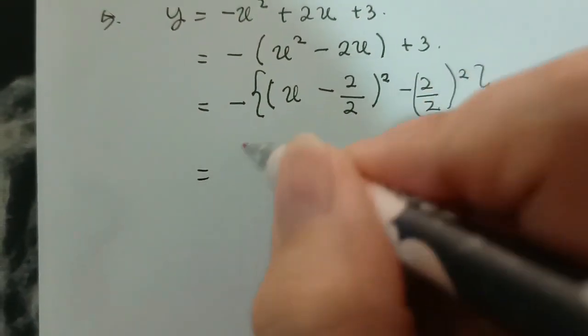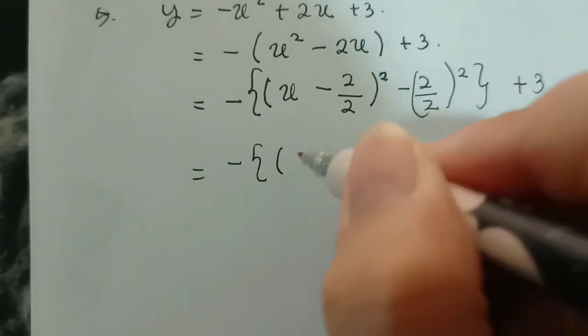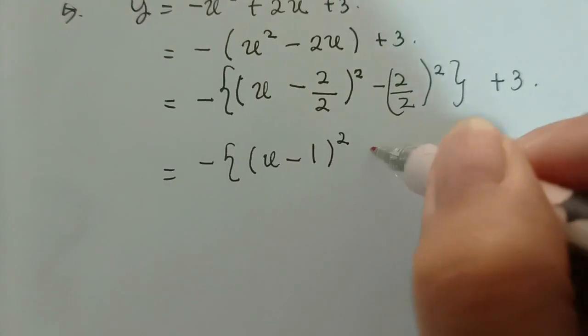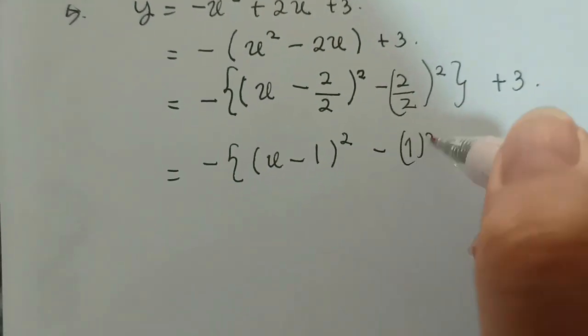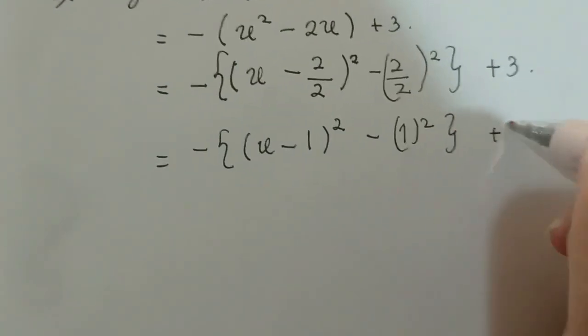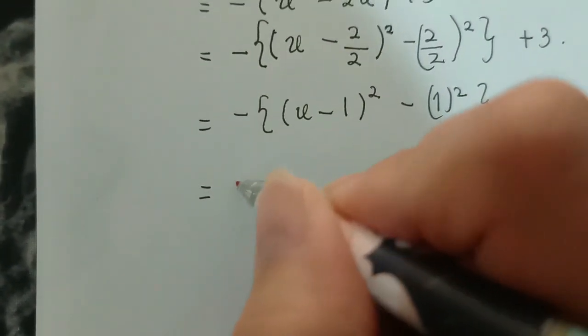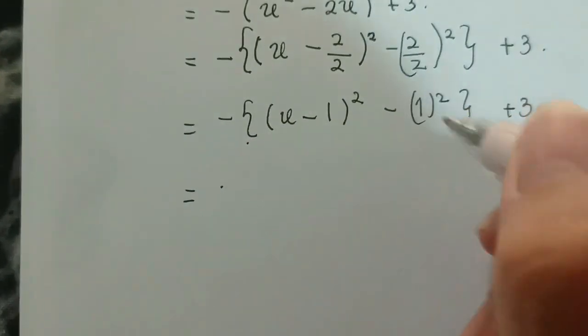Now we are going to simplify first. x minus 1 quadrat, minus 1 quadrat in the bracket, plus 3. We are going to open the bracket over here.